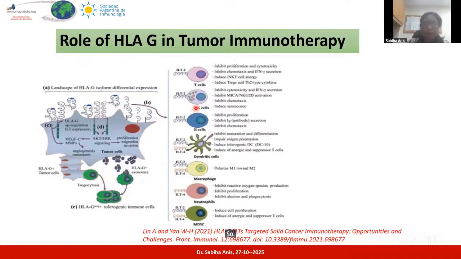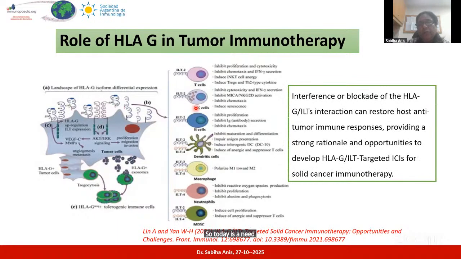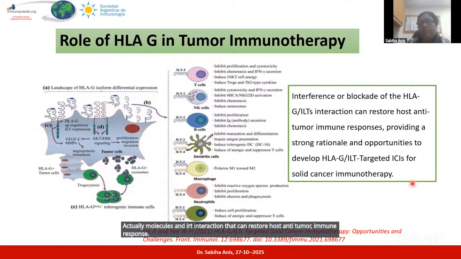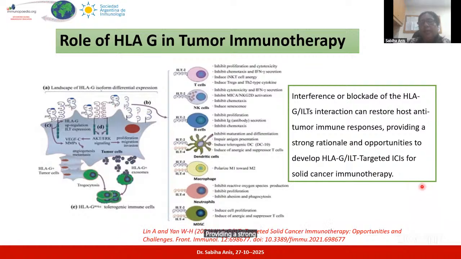So there is a need to look at molecules that can block this HLA-G and ILT interaction, which can restore the host anti-tumor immune response, providing a strong rationale and opportunities to develop targeted immune checkpoint therapy.